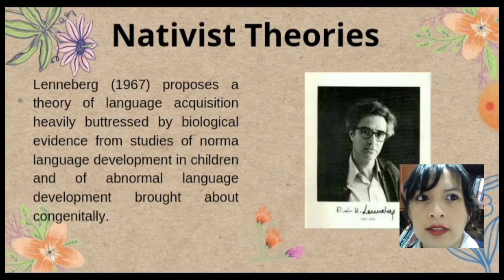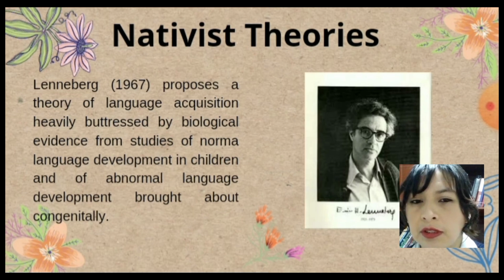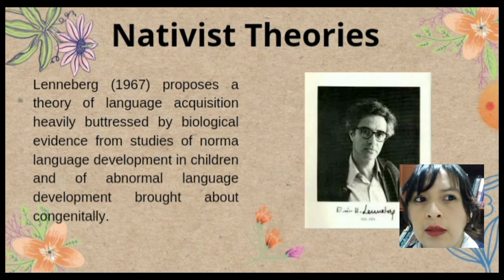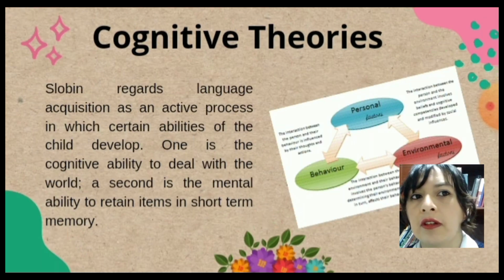Nativist theory asserts that children are born with an innate ability to organize lines of language which enables children to learn a native language early. Lenneberg, 1967, proposed a theory of language acquisition heavily rooted in biological evidence for normal language development in children.